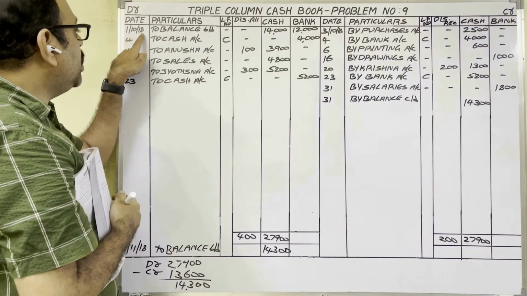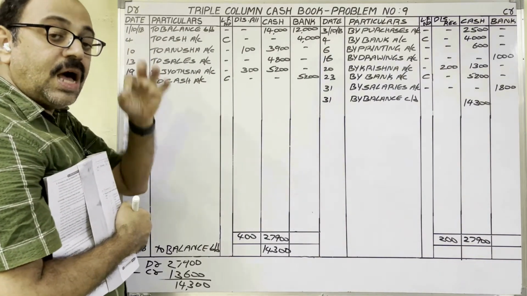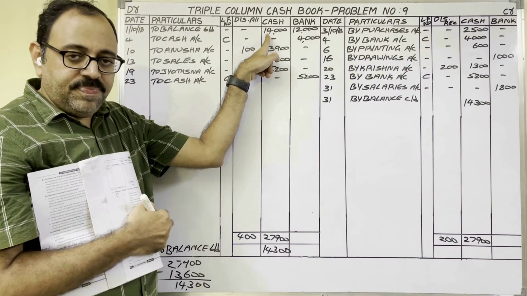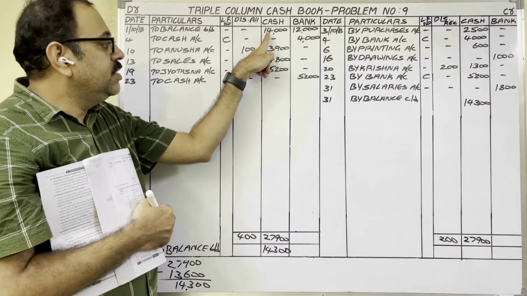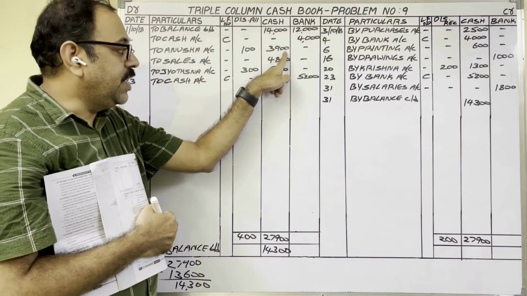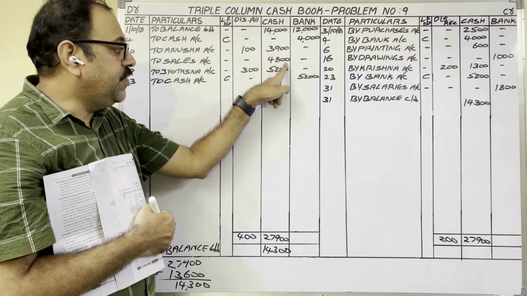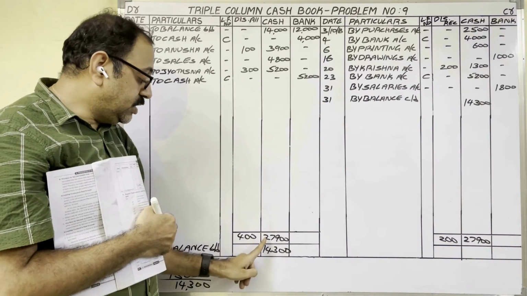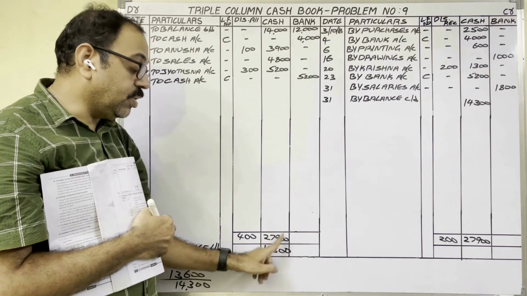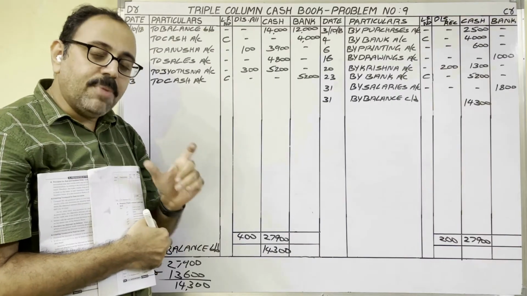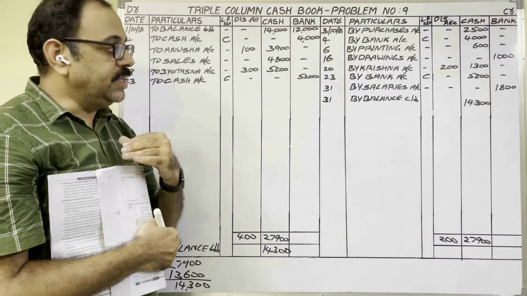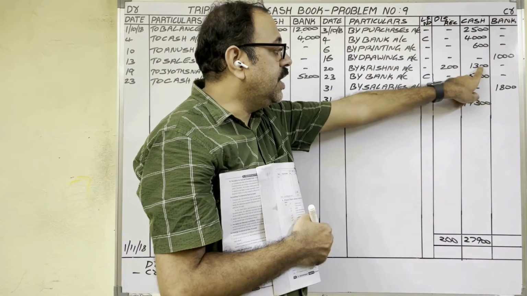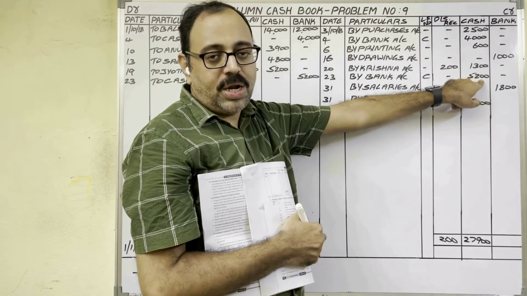So what is the meaning of this answer? On 1st October 2018, in our firm, 14,000 cash balance is there. During this month, the firm received 3,900, 4,800, 5,200 rupees. So total receipts for the current month is 27,900 rupees. From that amount, the firm spent 2,500, 4,600, 1,300 and 5,200.